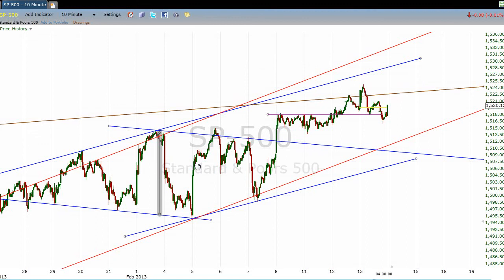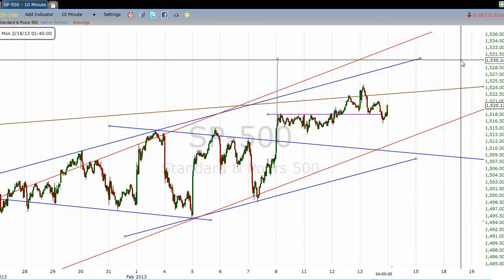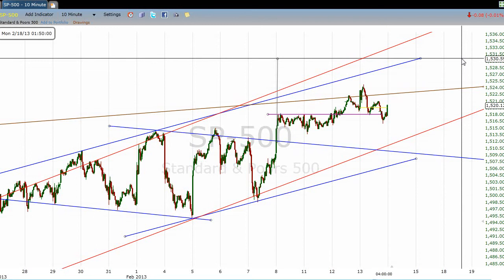But just in case, the way we measure targets from patterns, from consolidations, is we measure the height of that pattern, which I've done right here with this line. Then we add that onto the point where the breakout took place. In this case, this pattern broke out to the upside, and that gives us a target of roughly 1530.